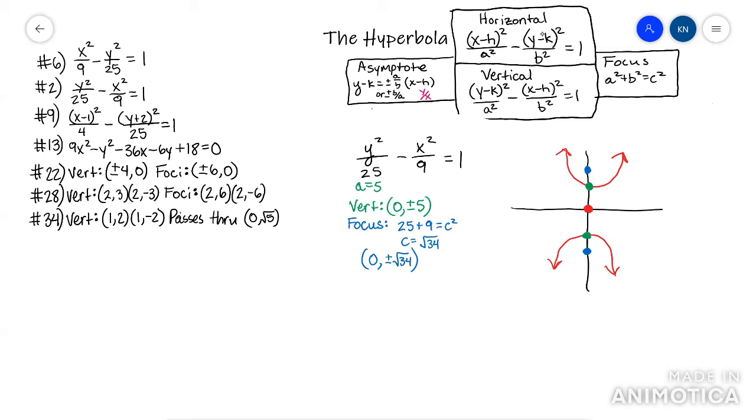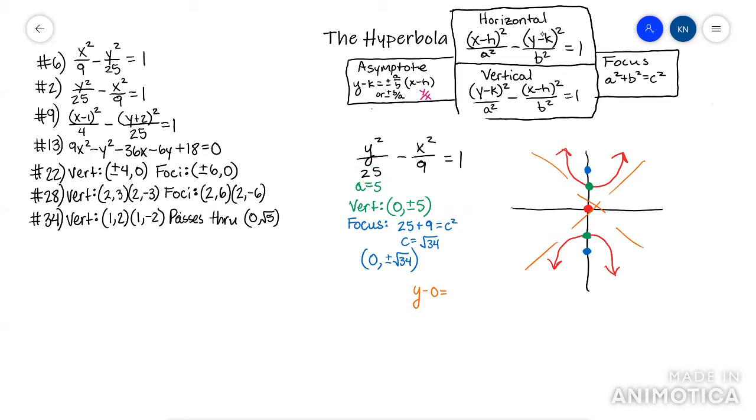Okay, and then basically the last thing I need is this asymptote and this asymptote. And to get that, I'm going to use this equation. So y minus k equals, now I stop and think, do I use a over b or b over a? Well, I need y over x for slope, essentially. So a over b.